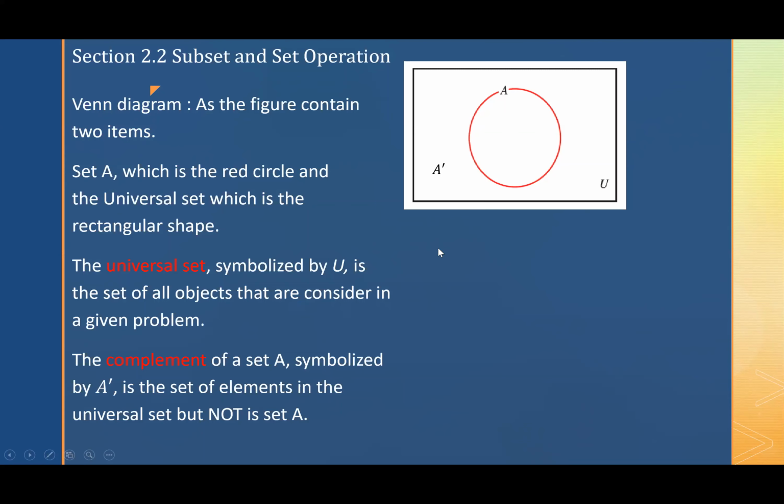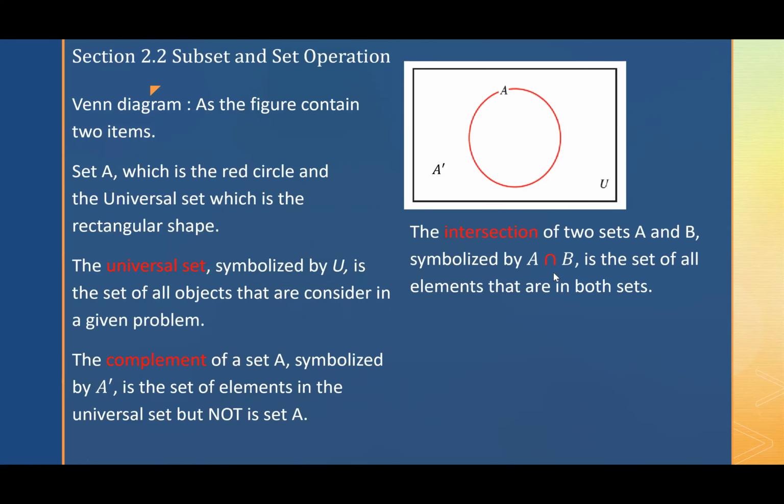Okay, the next definition is the intersection of sets, and the notation for intersection is the upside down U, which refers to the word "and", and that's very important.